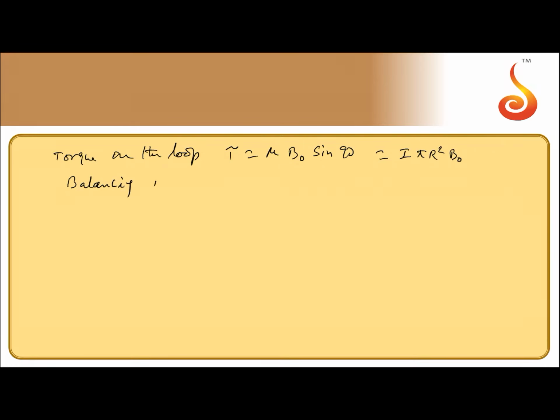Balancing on the disc, this torque tau plus N2 into d by 2 is balancing the torque because of N1. Look at the directions.